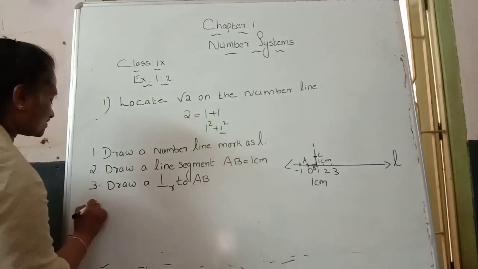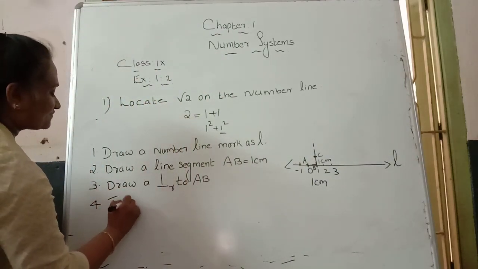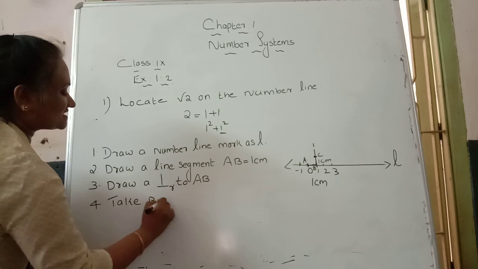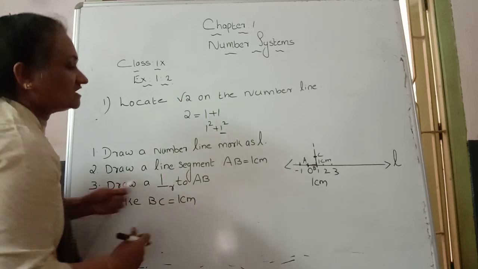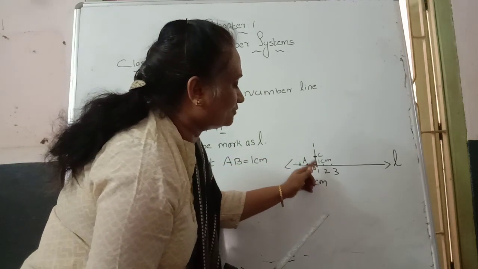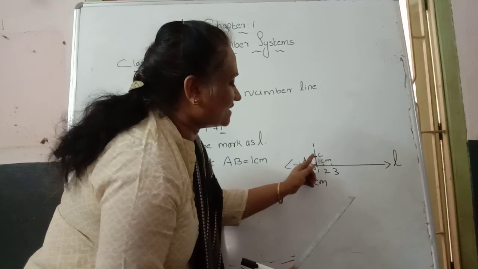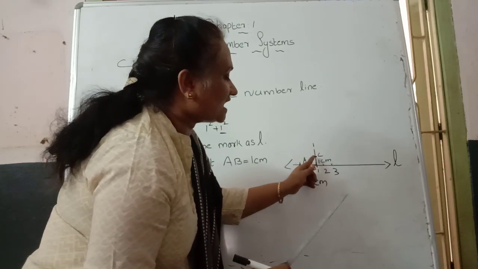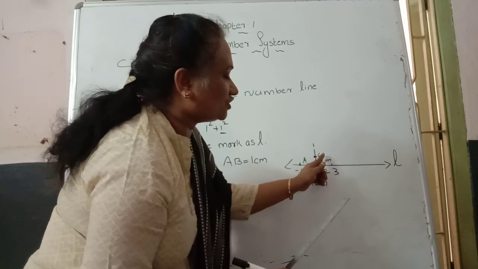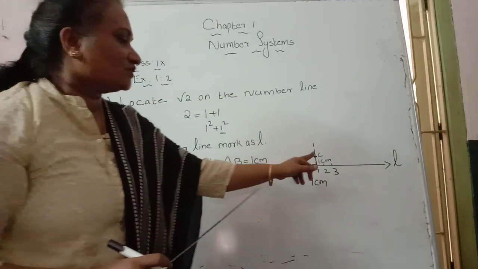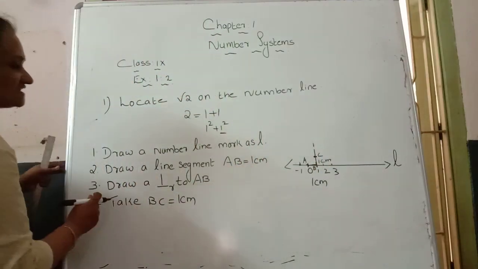So our fourth step: take BC equal to 1 cm. How to get it? From B, keep your scale and measure 1 centimeter. At the marking point, give the name C. So the BC distance is 1 centimeter.